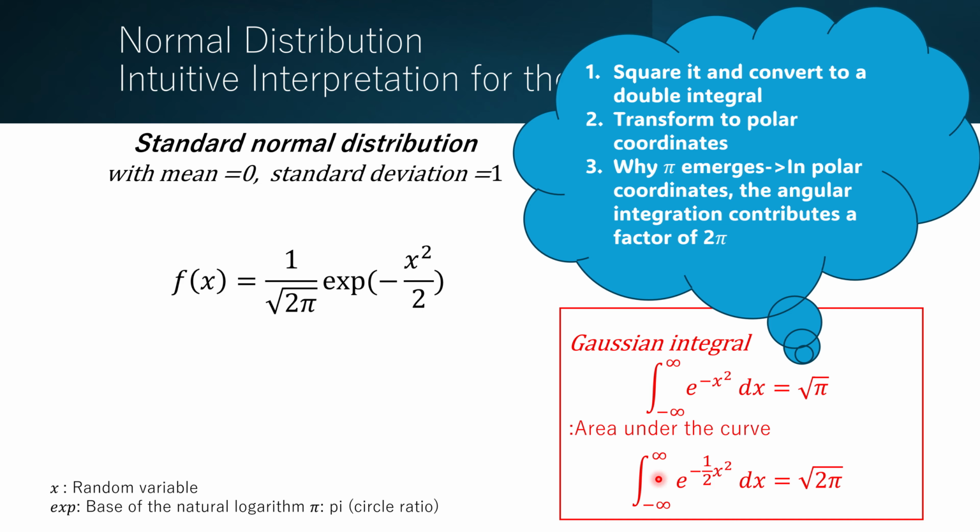We use polar coordinates to solve this integral, and the result is root 2 pi. This is the characteristic of the Gaussian integral, and we need to standardize by dividing by root 2 pi.